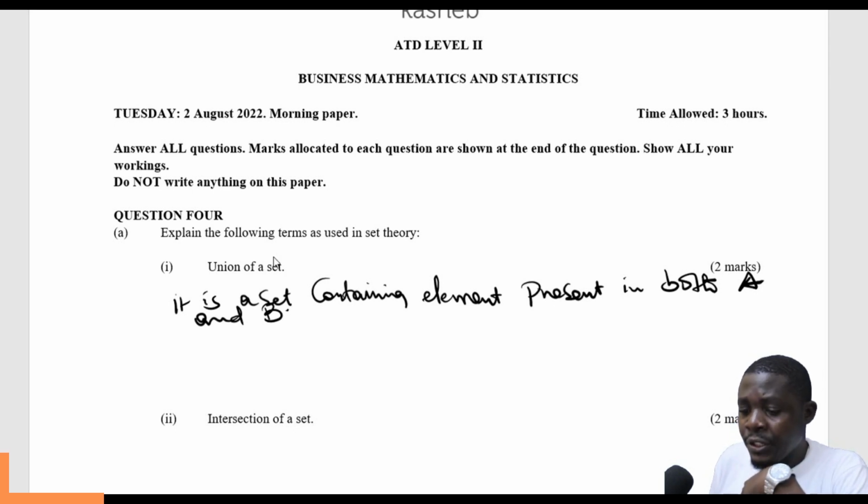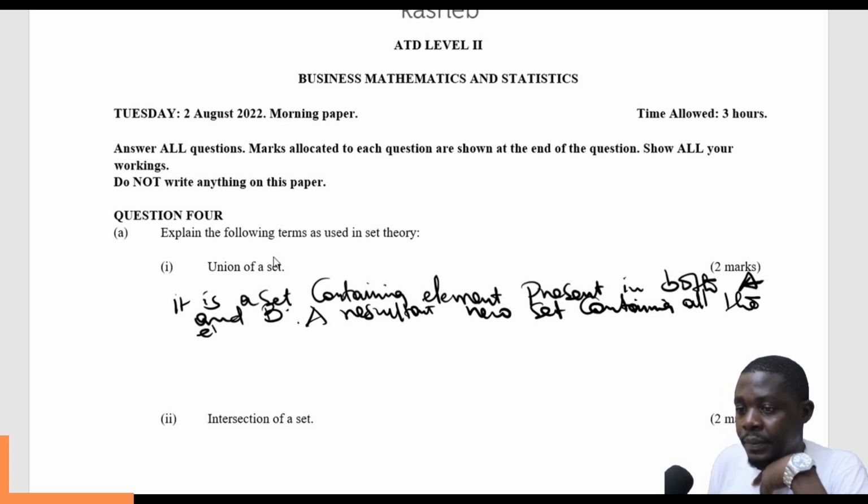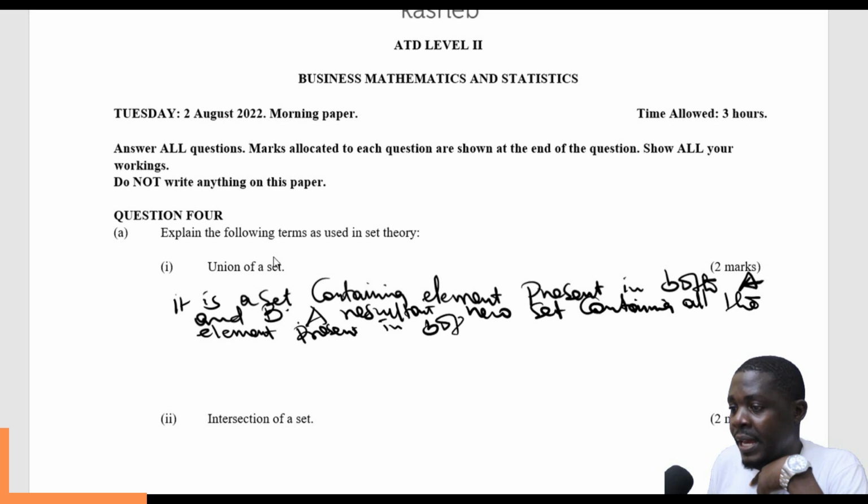A resultant new set that is containing all the elements present in A, in both sets, or in A and B, both sets.